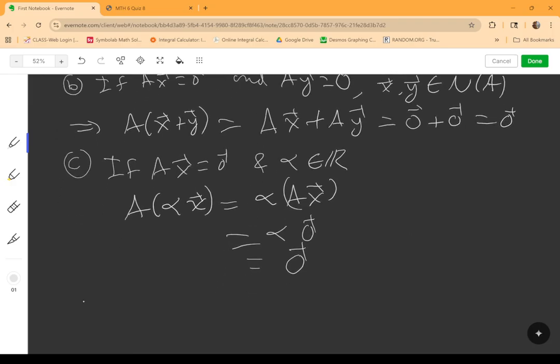So the null space is not just the solution set of a homogeneous system, but it is itself a vector space. The null space of any matrix A is a vector space, so it will satisfy all those 10 axioms.